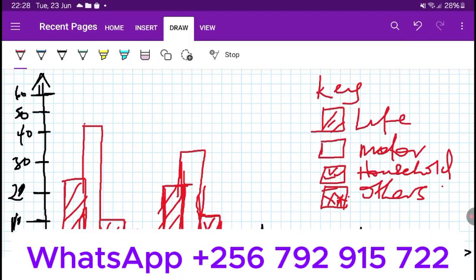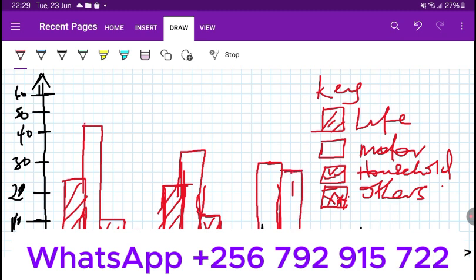Then you plot the third year, which is 2011, with the starting point being 32. Let's say 32 is around there. Then the other one is 31. Let's assume it's around there.